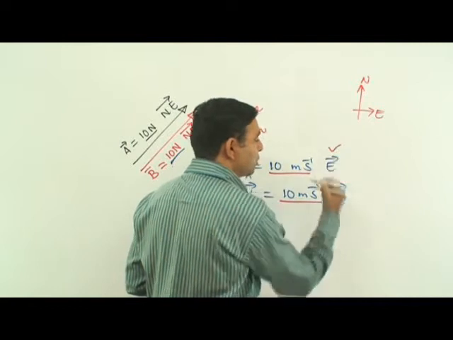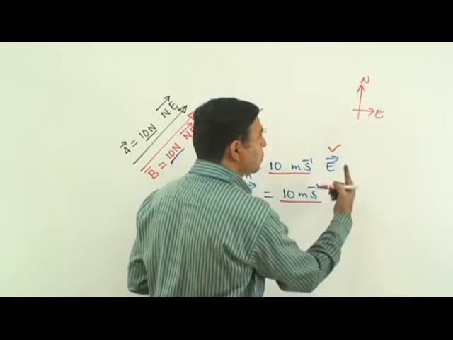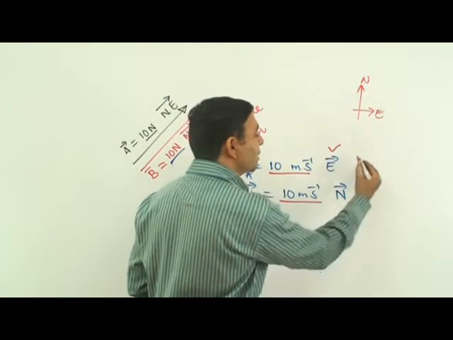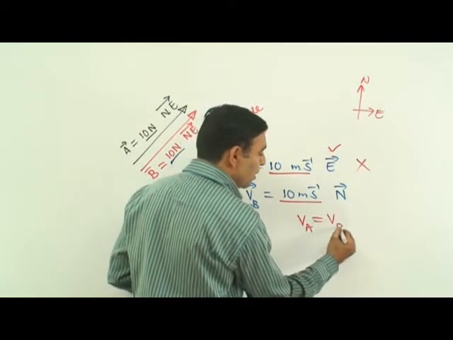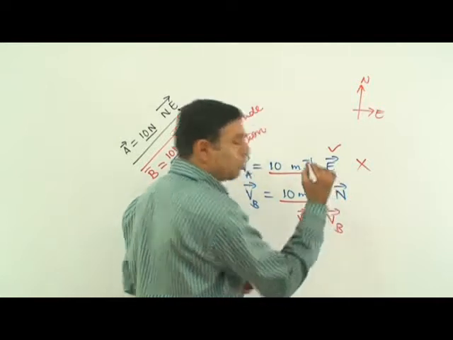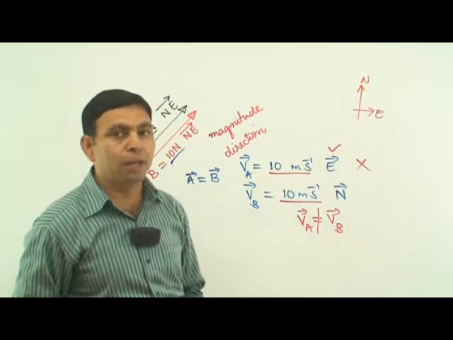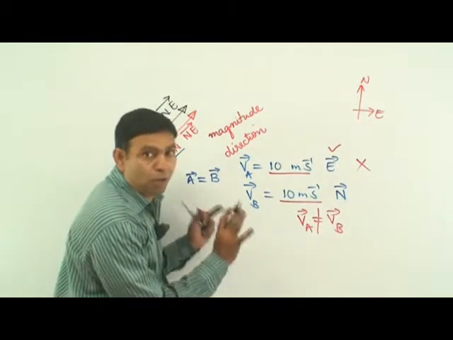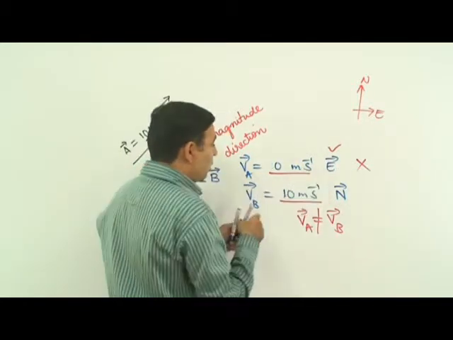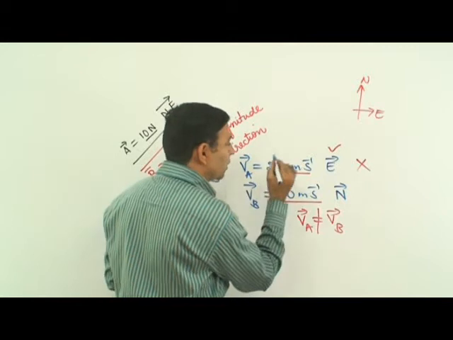One is moving towards east and the other towards north. So their velocities are not equal. You cannot say VA is equal to VB. In fact, VA is not equal to VB. Even though they have the same magnitude, they are not moving in the same direction. And now let this car be moving with 20 meter per second towards east.